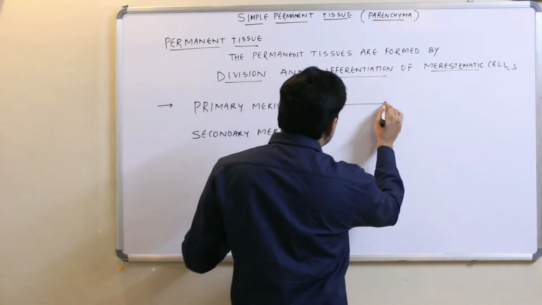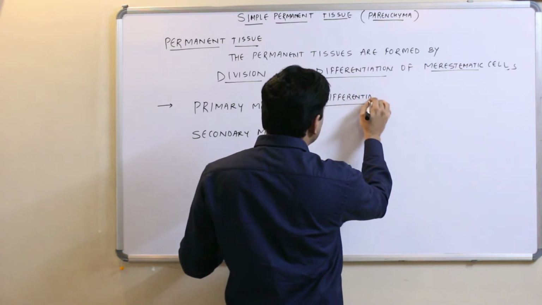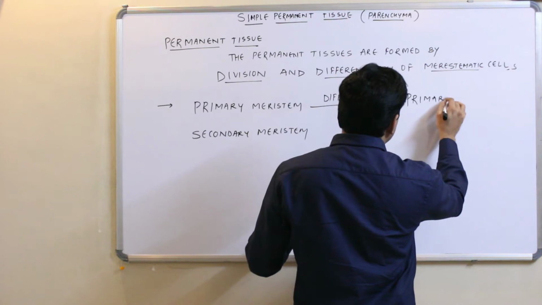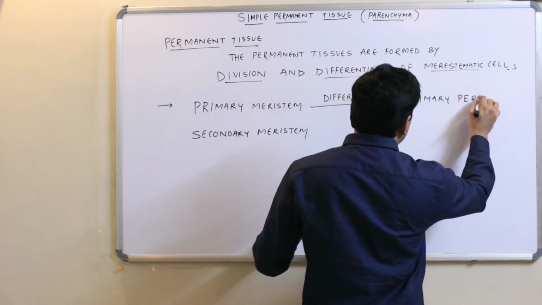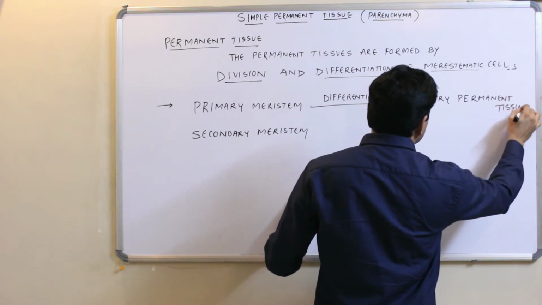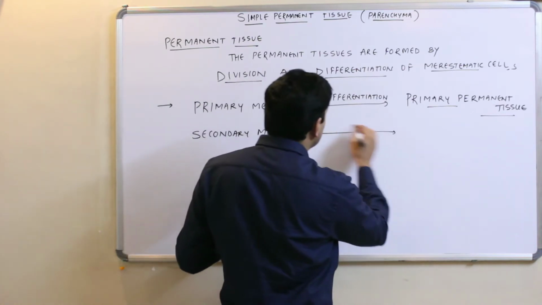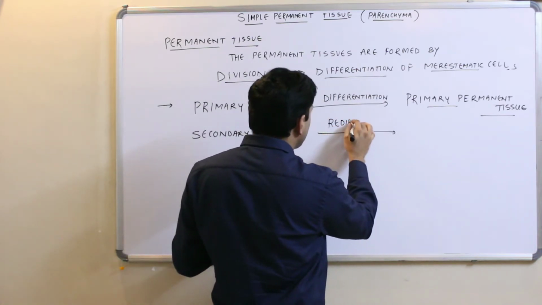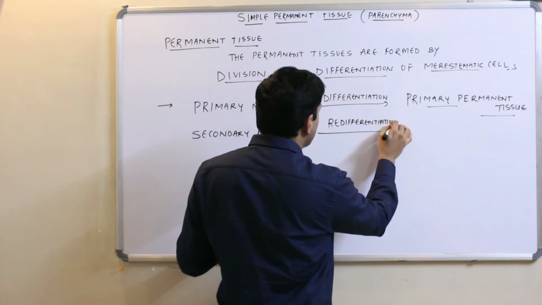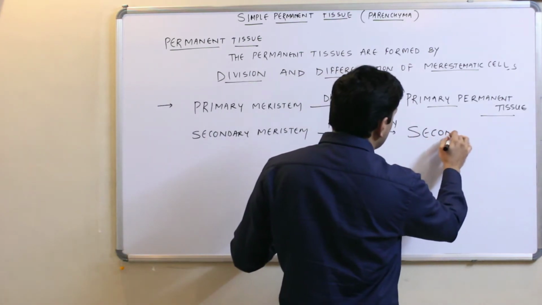Now, primary meristem undergoes differentiation to form primary permanent tissue, and secondary meristem undergoes redifferentiation to form secondary permanent tissue.